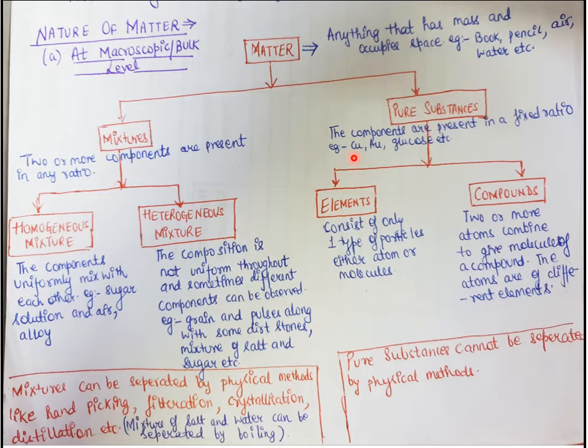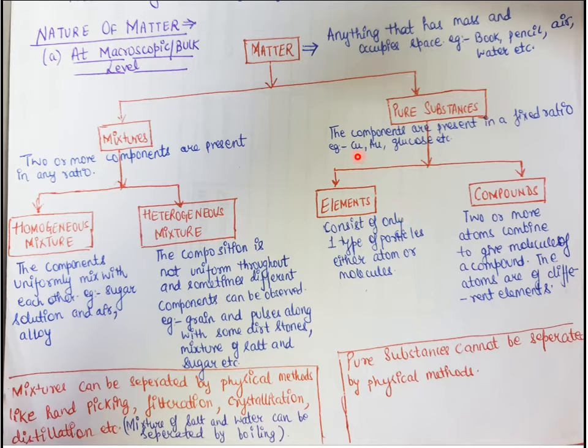Okay. Now, the pure substances are further divided into two categories, elements and compounds. Now, what are elements? Elements consist of only one type of particles, that is atoms or molecules. There will be a single type of atoms or molecules. For example, we have just discussed the copper element. Let's say I take gold, Au.